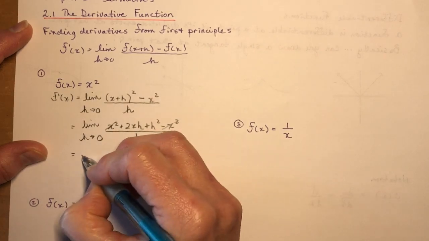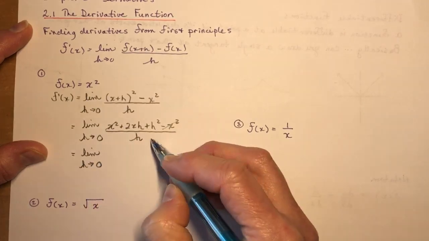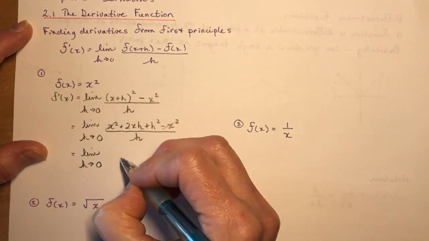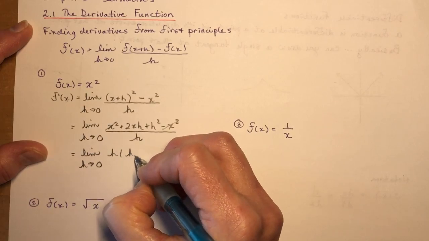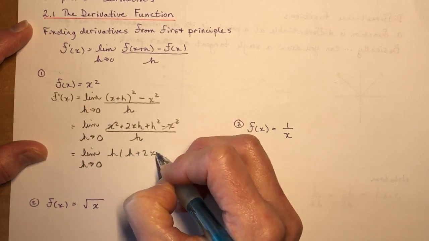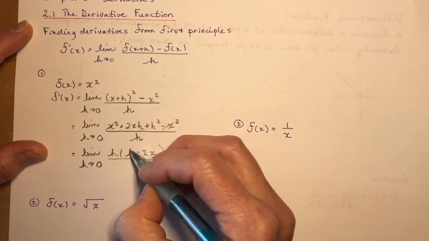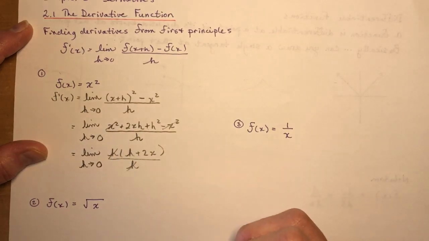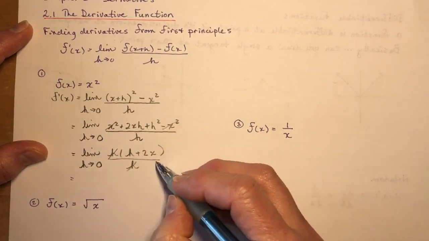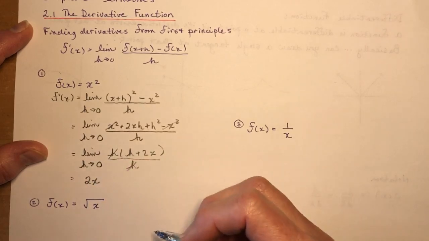And that gives me the limit as h approaches 0 of h times h plus 2x. I'm going to write it like this, or it doesn't matter if you turn those the other way around, but I think you need to see, I would not write this step up normally like this. And now I plug in h is 0. When h is 0, I end up with 2x.